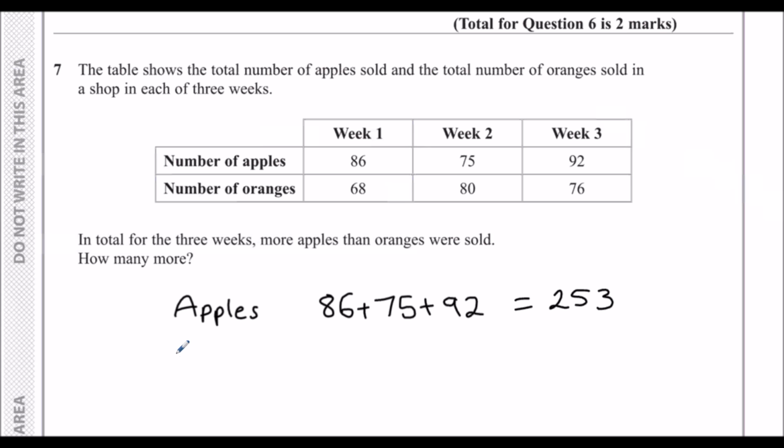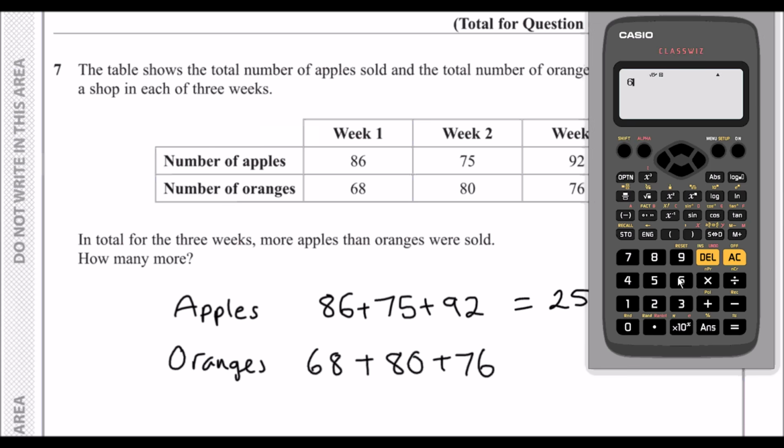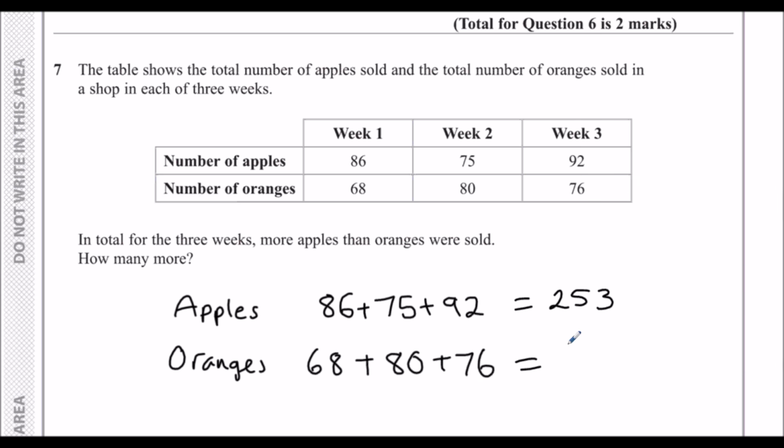We can do the same for the oranges. So 68, 80, and 76. 68 plus 80 plus 76 is 224. So how many more apples were sold?